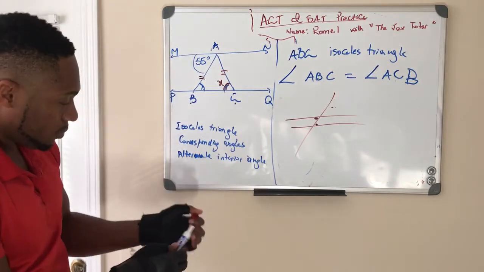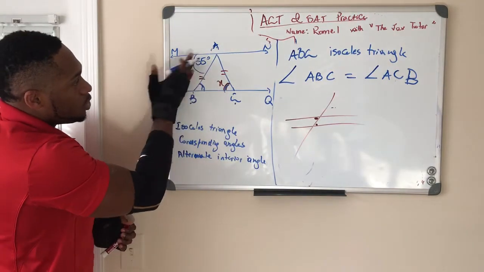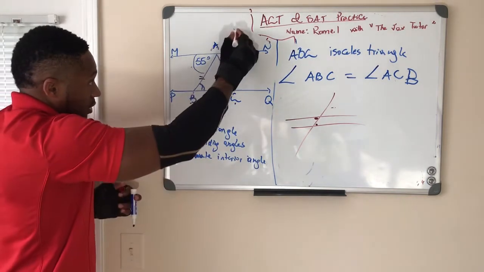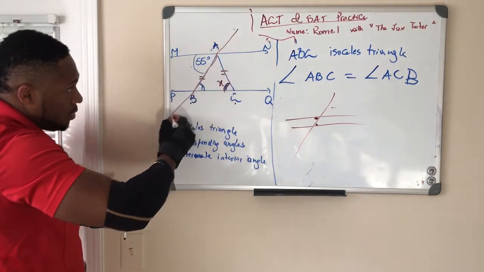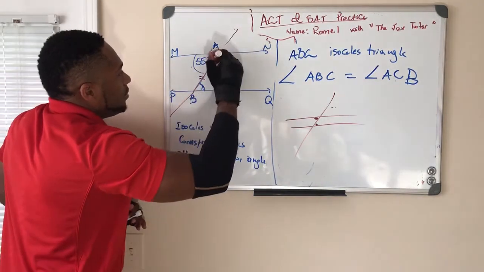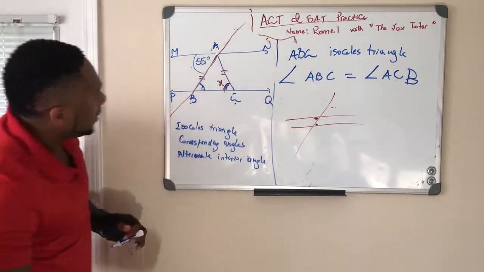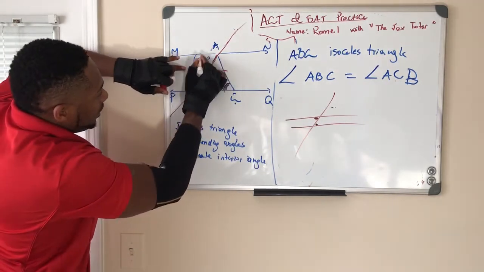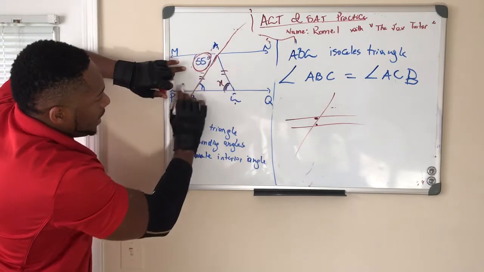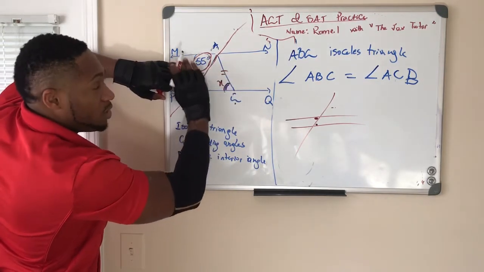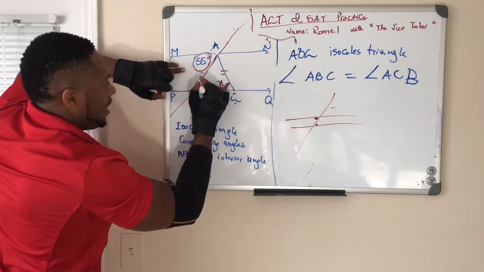So if we take this transversal into consideration, the alternate angle to the angle here that is 55 would be something on the opposite side of the transversal. Alternate, one side, the opposite side.